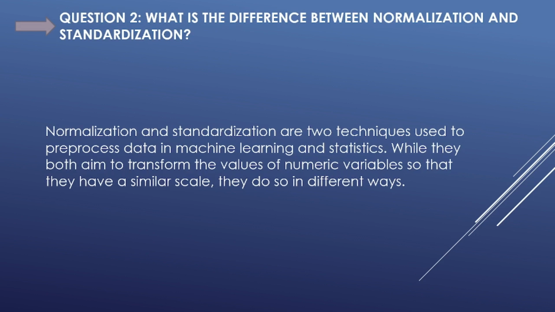Question 2. What is the difference between normalization and standardization? Normalization and standardization are two techniques used to pre-process data in machine learning and statistics. While they both aim to transform the values of numeric variables so that they have a similar scale, they do so in different ways.